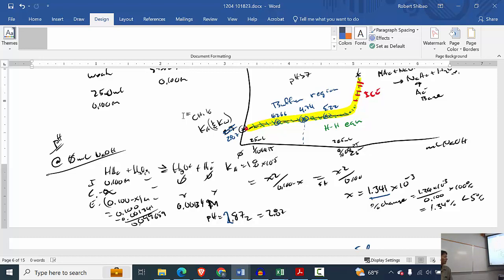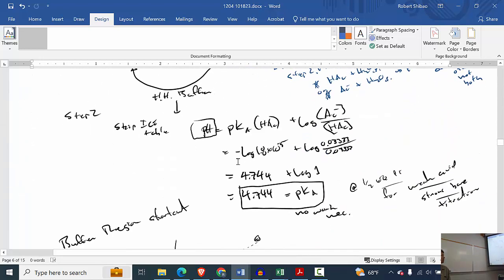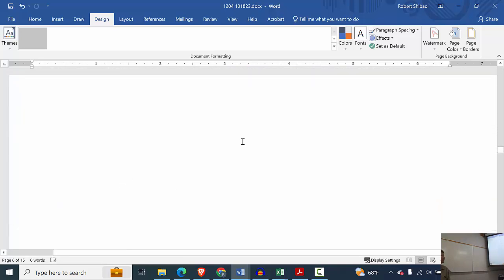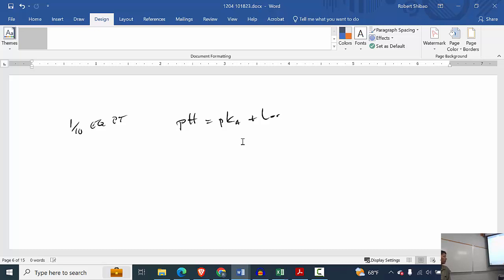And so I could get those very quickly, because the pH at the 1/10 equivalence point is going to be like this. At the 1/10 equivalence point, I'm not even going to bother with the ice table. I'm just going to look at the Henderson-Hasselbalch. The pH is equal to pKa plus the log. How much product have I formed? I formed 1/10. How much do I have unreacted? 9/10. You see that?